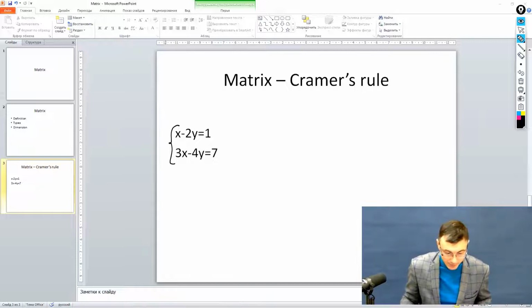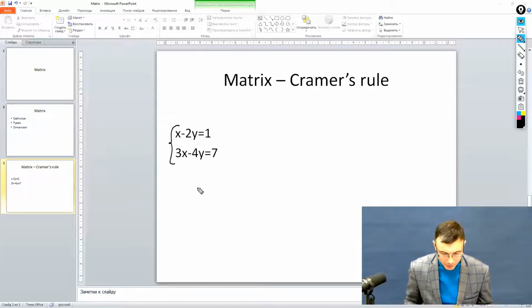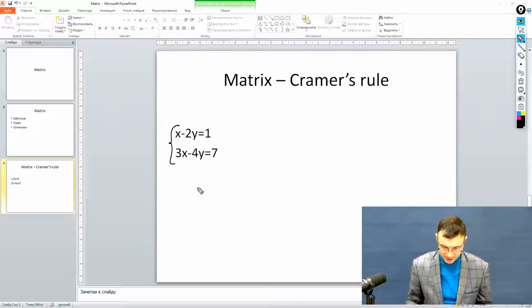We have this system with 2 rows and 2 unknowns, so it can be solved by Cramer's rule. Let's calculate the main determinant of this matrix.